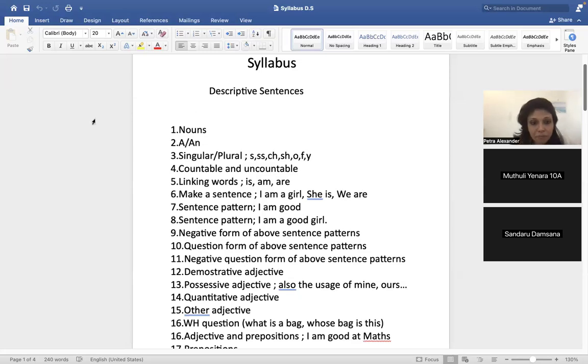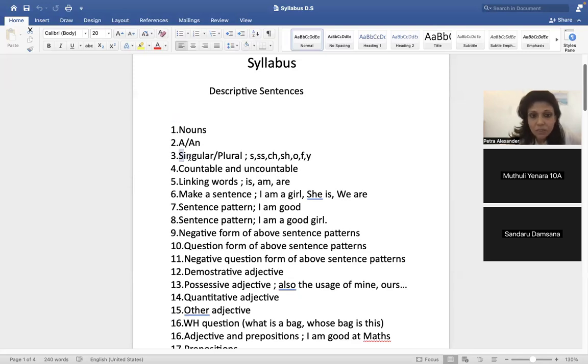And nouns. Okay, if we start from descriptive sentences, we have to introduce now. That means you have to know all these things. You have to know nouns, which you already know, right?